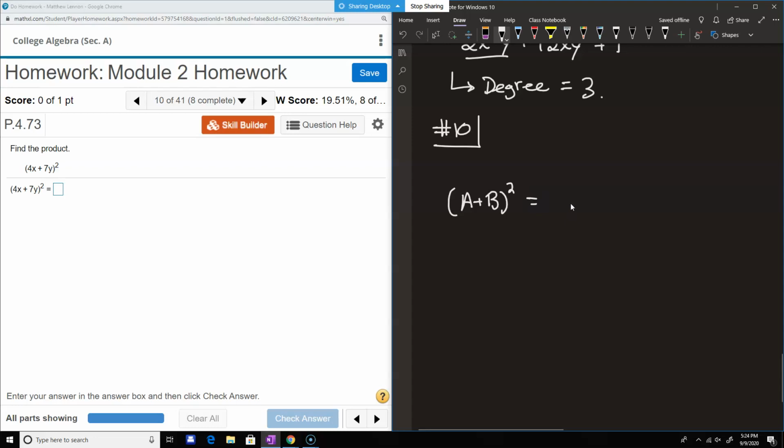If you know the formula, you can kind of just jump to the answer: a squared plus 2ab plus b squared. And then you also have something like a minus b squared, which is a squared minus 2ab plus b squared.